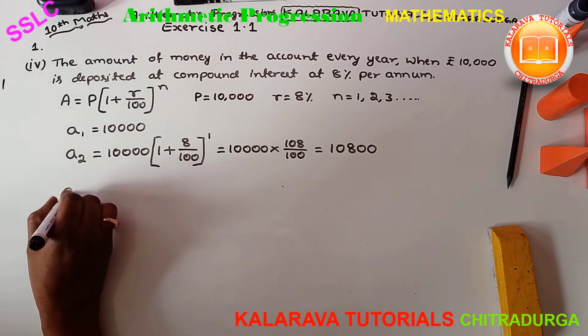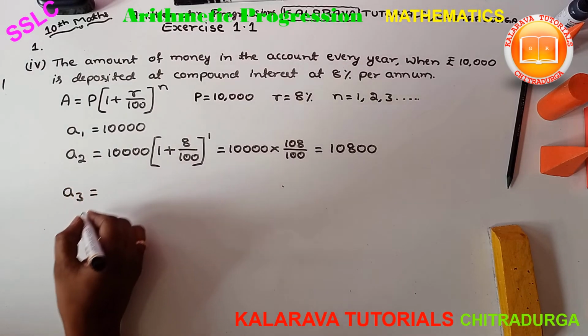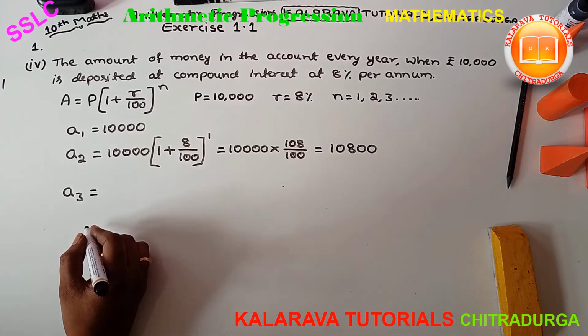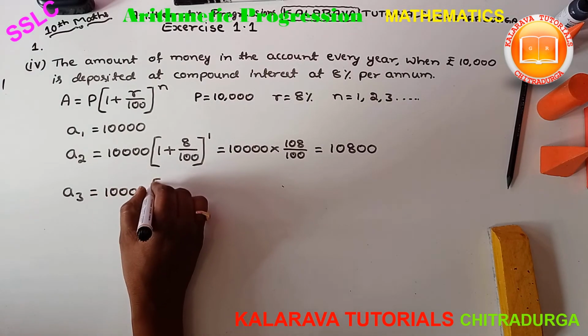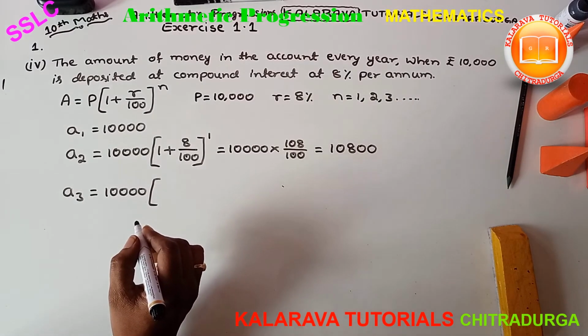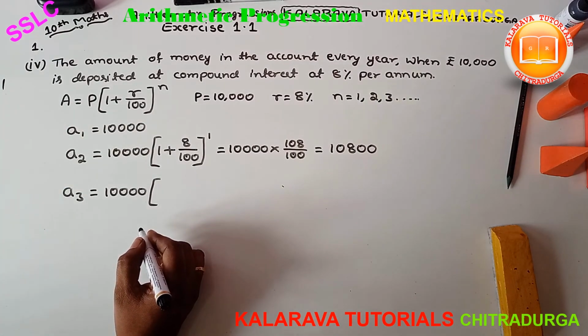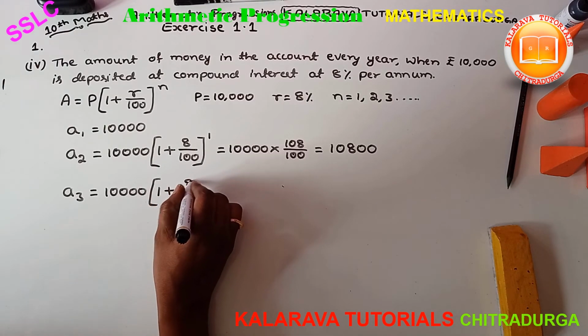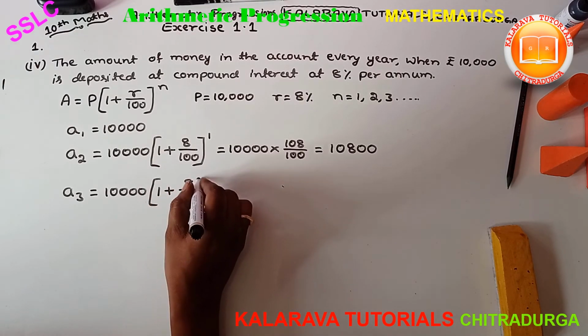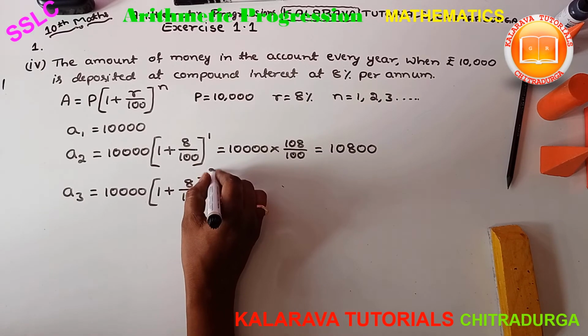Then for finding the third term A3, we use the formula A equal to P into (1 plus R divided by 100) to the power of n, that is 1 plus 8 divided by 100, to the power of 2, the second year.